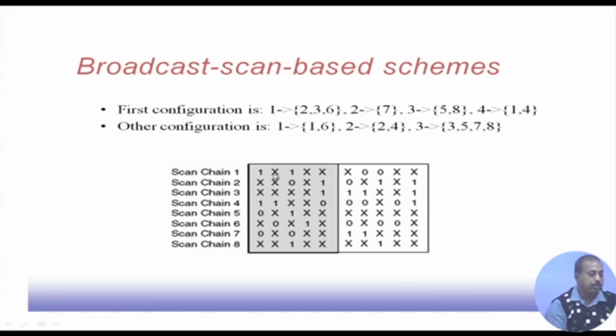Like this is 1 and this is x, and this is x, so they are all similar, like this is x and this is 0. So, I can put a 0 here. That way these columns 1 and 2 are compatible.